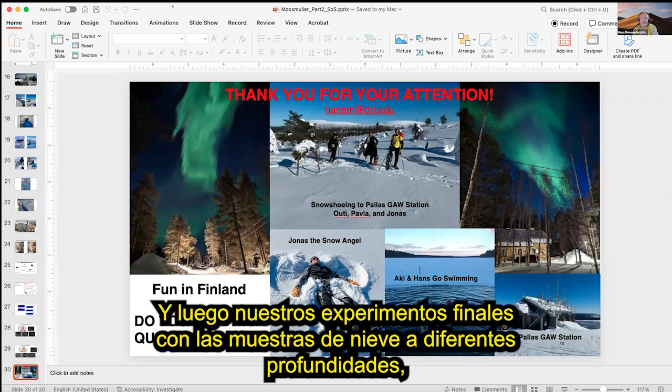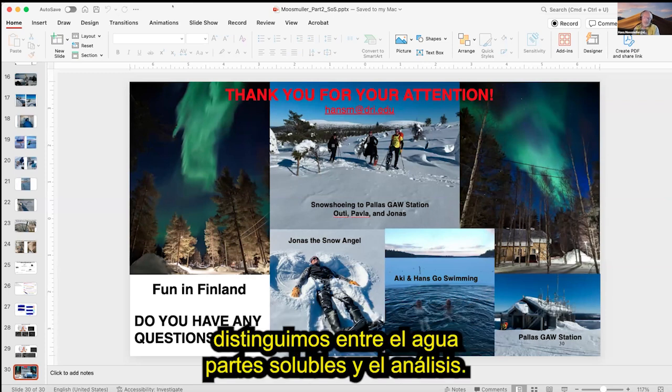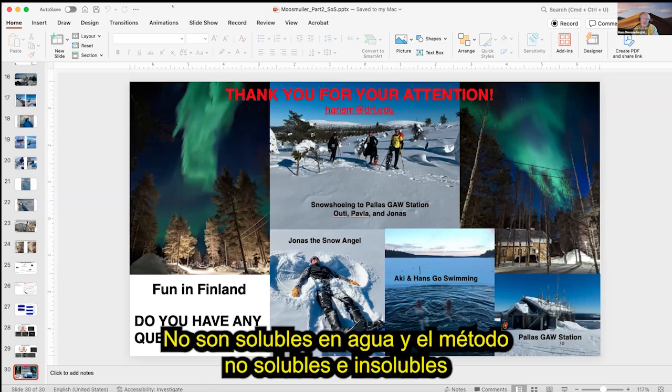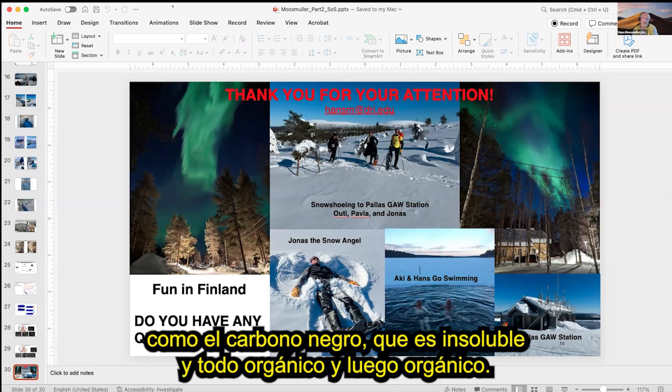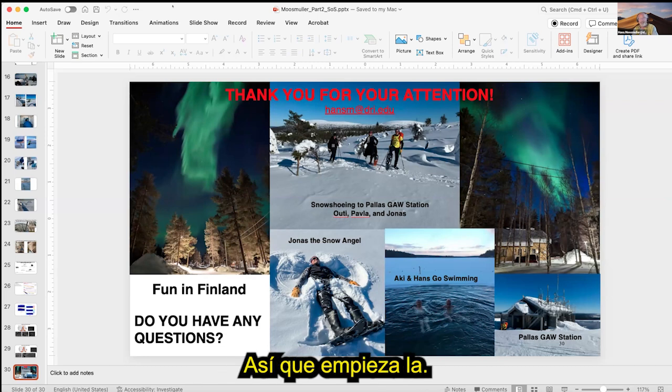And in our Finnish experiments with the snow samples at different depths, we distinguish between the water-soluble parts in the analysis, the not water-soluble and the methanol-soluble, and the insoluble, like black carbon, which is insoluble in all organic and inorganic solvents. Does that answer your question, or start to?